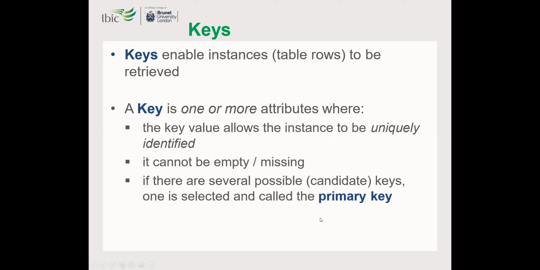So what is missing in here? Yes, keys. Keys enable instances, table rows, to be retrieved. So we talked about attributes and columns in a table, right? The appropriate data structure which organizes our useful information is a table.